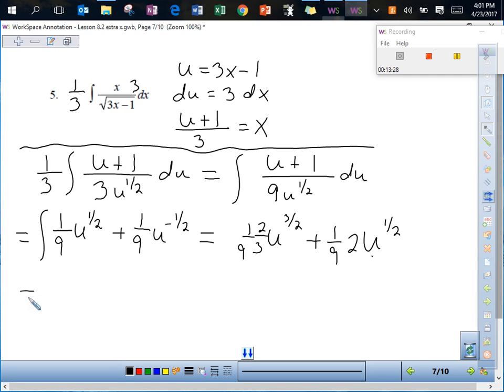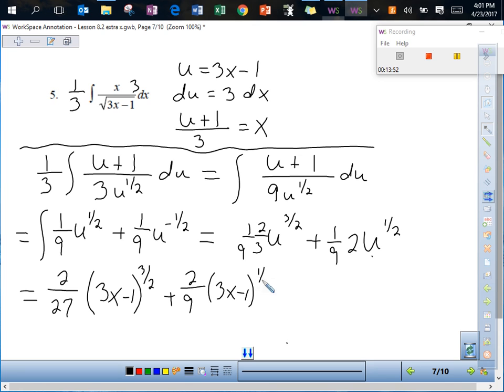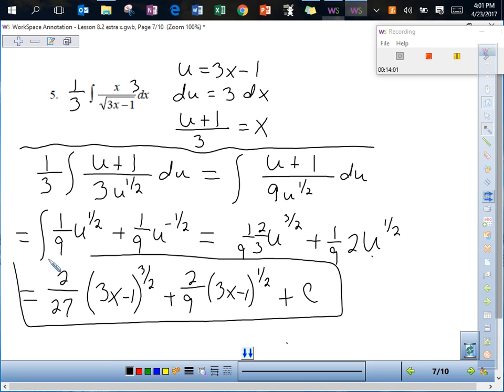Ending answer, 1/9 times 2/3 looks like 2/27 u, which happens to be 3x minus 1 to the 3/2, plus 2 times 1/9, so I'm at 2/9 times 3x minus 1 to the 1/2 or square root, whatever you want to write, plus c. So there's my antiderivative of that.